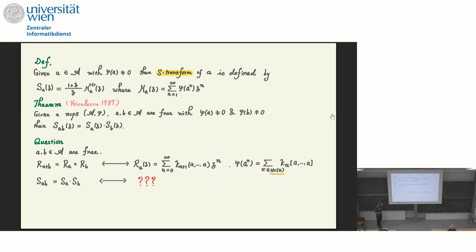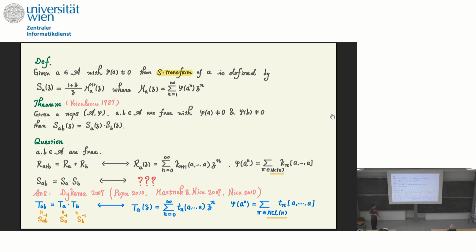This is the question, and actually it was done by Dykema in 2007, and also later on there are several works by Mihai, Bisnek, Nica, and so on. But they consider not the S transform, they consider the reciprocal of the S transform, which we will call the T transform.